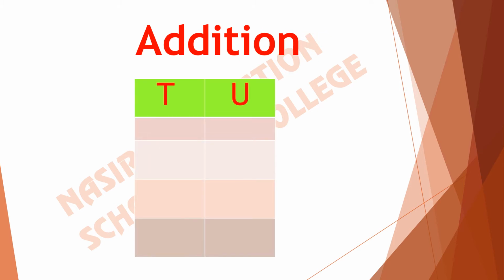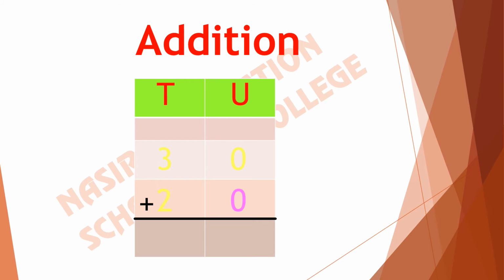Here we have the numbers. Addend 1 is 30 and addend 2 is 20. And we use this symbol to show the addition. In the first addend, we will write 3 in the tens column and 0 in the units column. Same, if we see addend 2, this is also a 2-digit number.